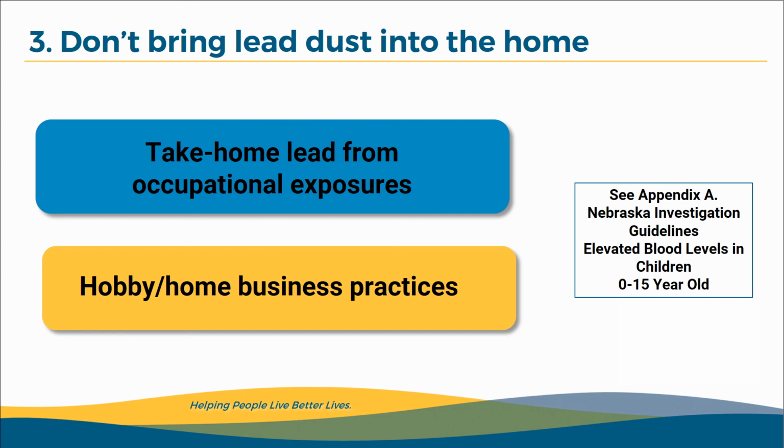Families who have hobbies or assemble products in their home, like jewelry making, should perform that work in areas other than the kitchen and dining room. These areas are the most likely places for contamination. Finally, families that do work in their yards on products that might contain lead, such as car repair, should try to do this away from where children play.